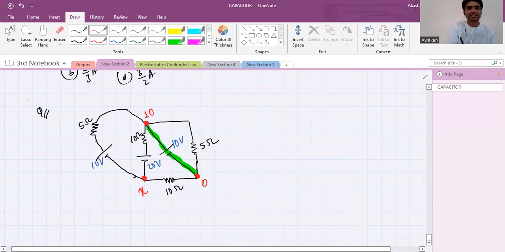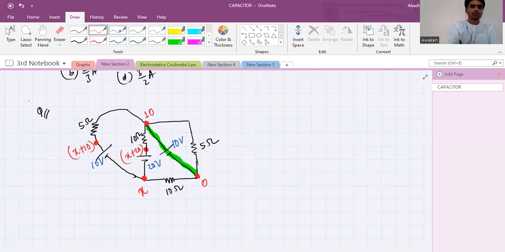If this point we take as x, then what is the potential of this point? Tell me. x plus 10, right? This point, x plus 20. Now what did we used to do?